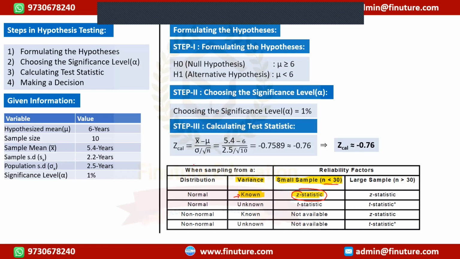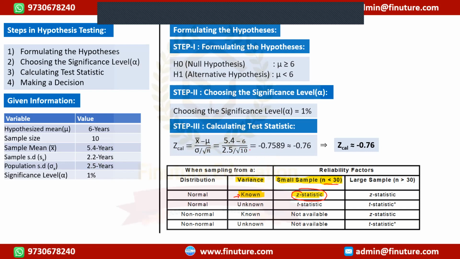So this is how you calculate Z calculated. You take your sample mean minus your hypothesized mean. So this mu comes from the hypothesized mean, and this is from your sample: 5.4 minus 6, over the population standard deviation, that is 2.5 years, divided by root n, where n is the sample size.